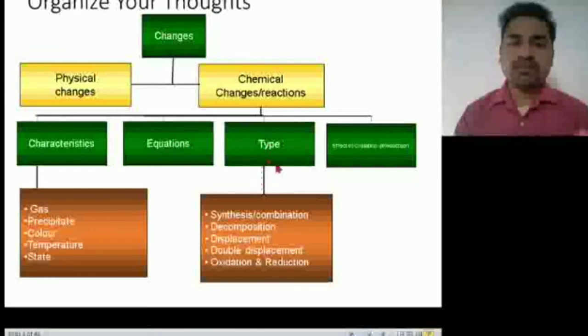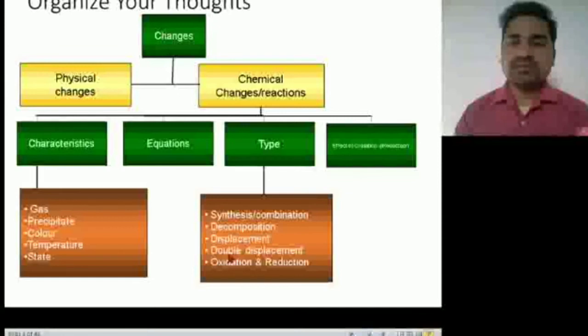Now types: how many types of reactions are there? Here five types have been given. The first is synthesis, or combination, it's the same, meaning something is going to combine. Second is decomposition, meaning breaking down into smaller ones. Third is displacement. In simple words, it is just a shifting of an element from one to another.